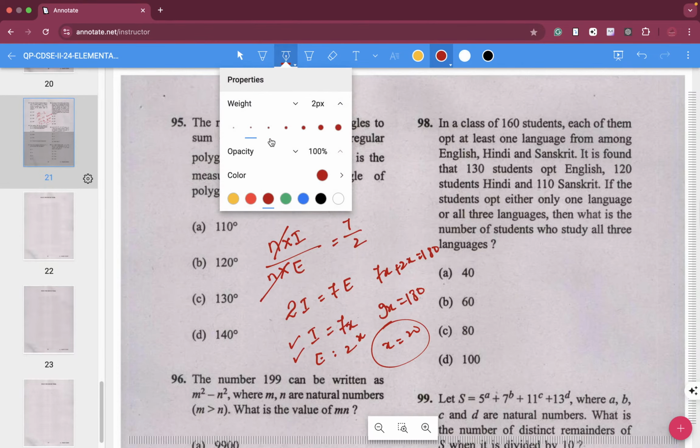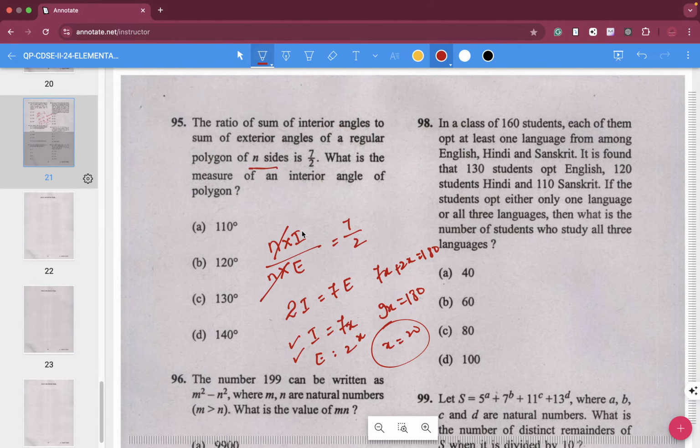They have asked for the measure of the interior angle, which is 7x, 7 into 20, which is 140 degrees, folks.